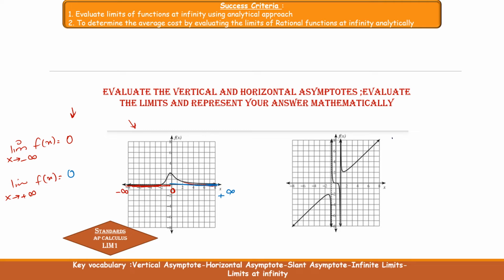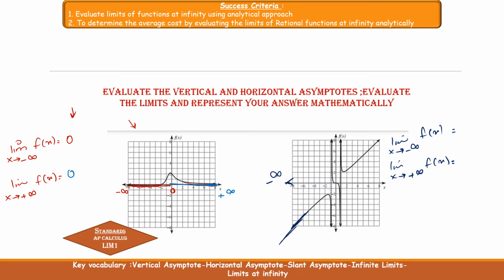Let's try another one. Limit as x approaches negative infinity and limit as x approaches positive infinity. The first thing which is very clear, you have to write the end behavior, or look at the horizontal asymptote or slant asymptote and write the equation. Here x is negative infinity, so what is the end behavior of the graph?